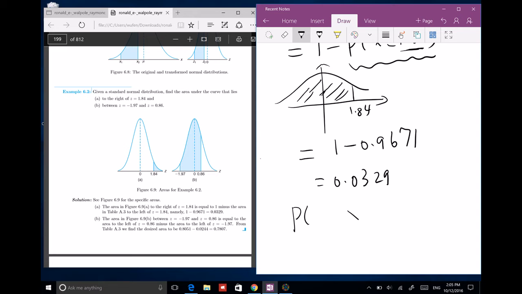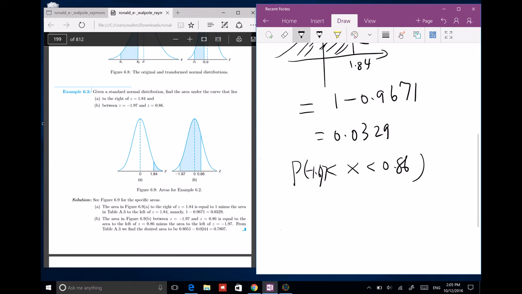The next one is the probability of x less than 0.86 and bigger than negative 1.97. So what you need to do is use the probability of x less than or equal to 0.86, and subtract the probability of x less than or equal to negative 1.97.